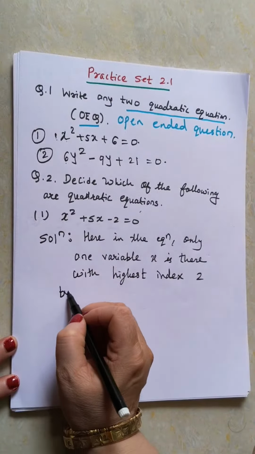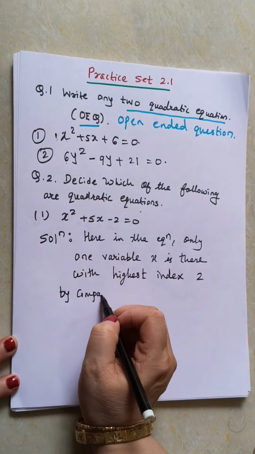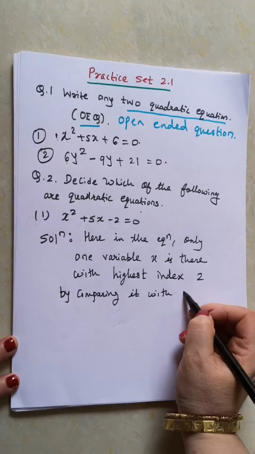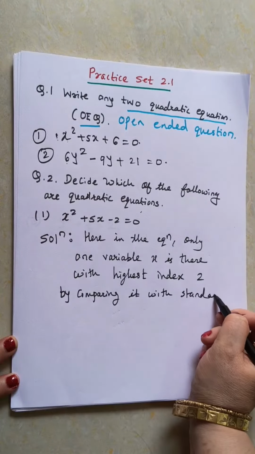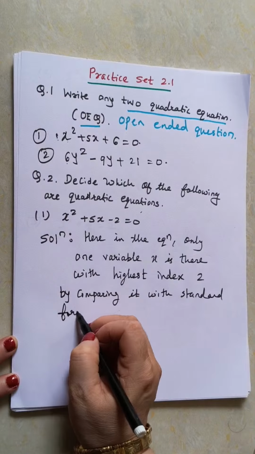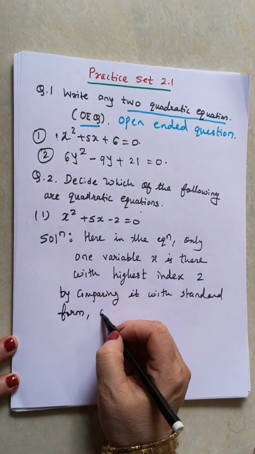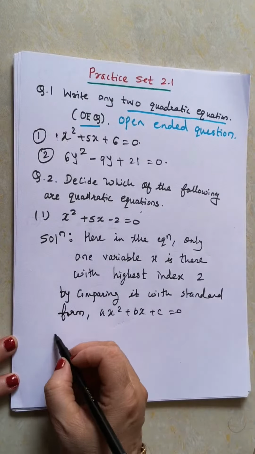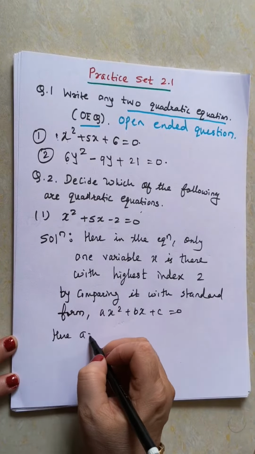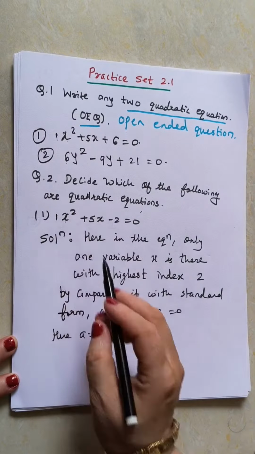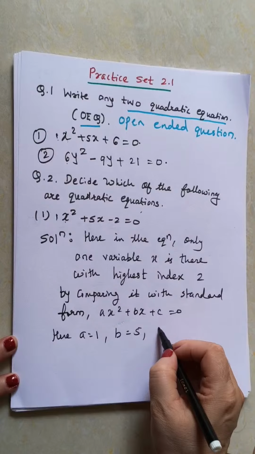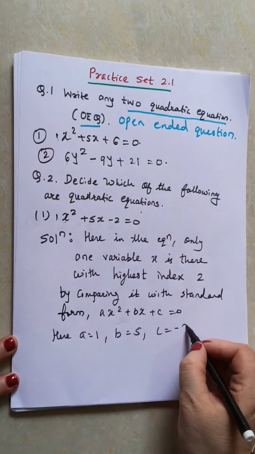By comparing it with the standard form, ax square plus bx plus c is equal to 0. Here a is, x square, nothing is there, means a is 1, b is 5 and c is minus 2.